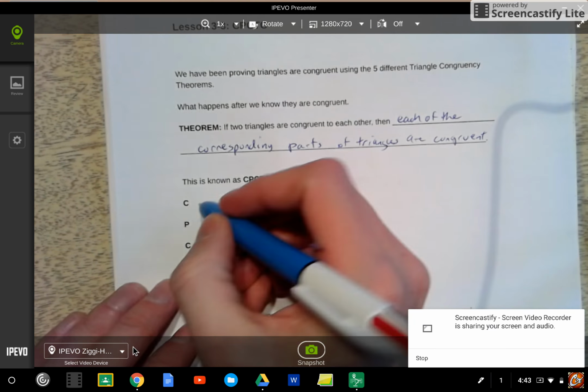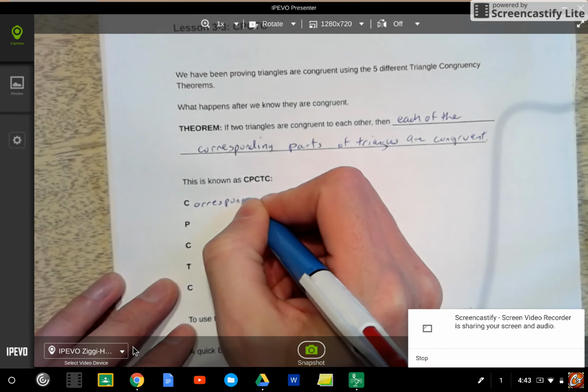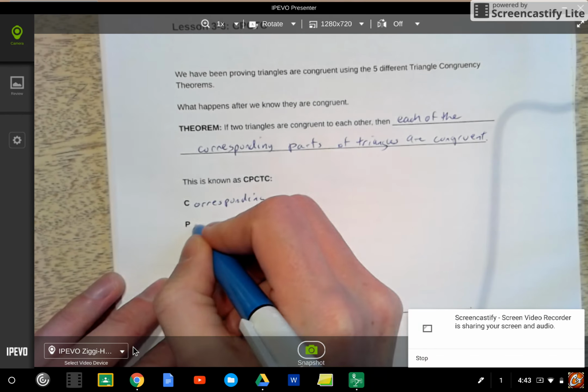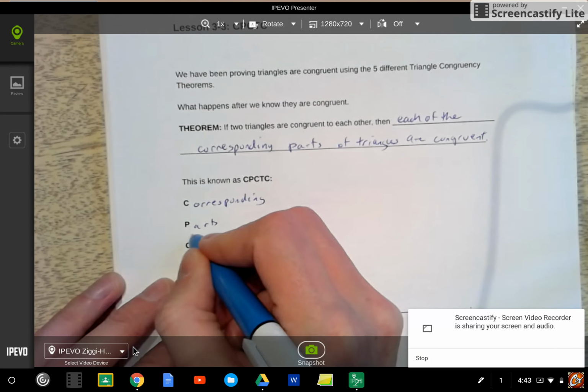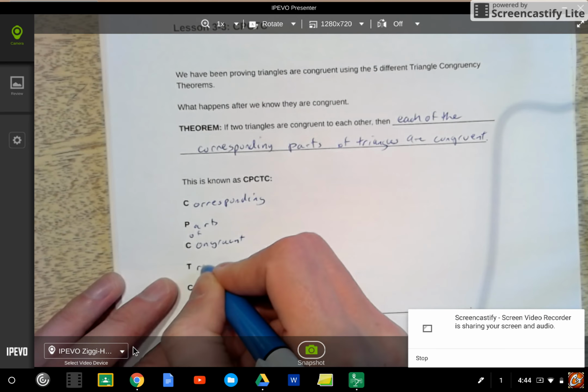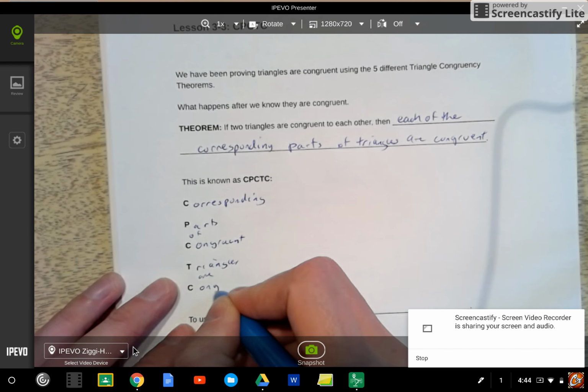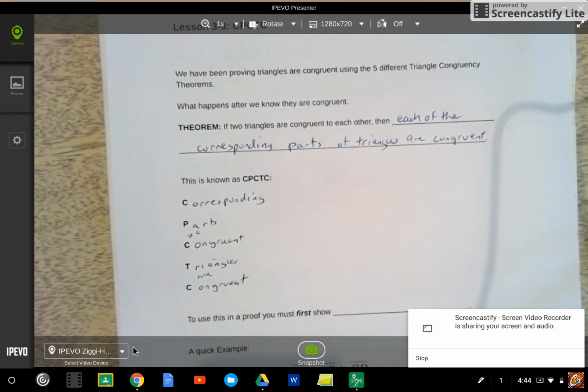But what it stands for is corresponding parts, remember corresponding means matching, parts of congruent triangles are congruent. That's what it stands for.